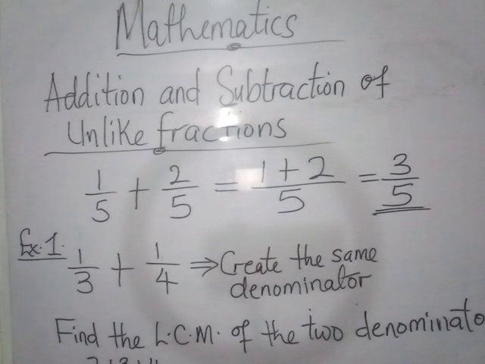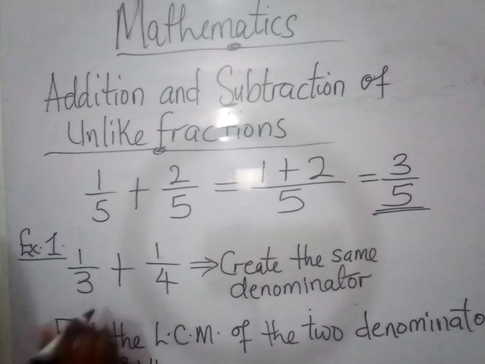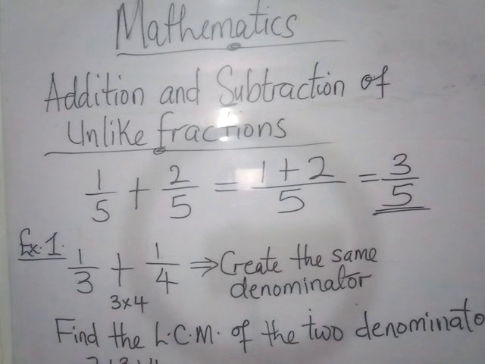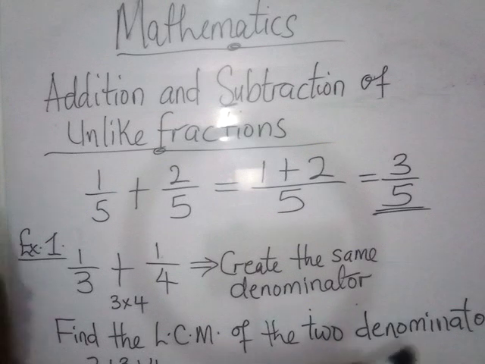Now let me quickly show you something. Assuming we didn't go through this long division process, we could have just done 3 times 4. 3 times 4 gives you 12. But there's an issue with that, because sometimes you are not always lucky to come up with the actual lowest common multiple.